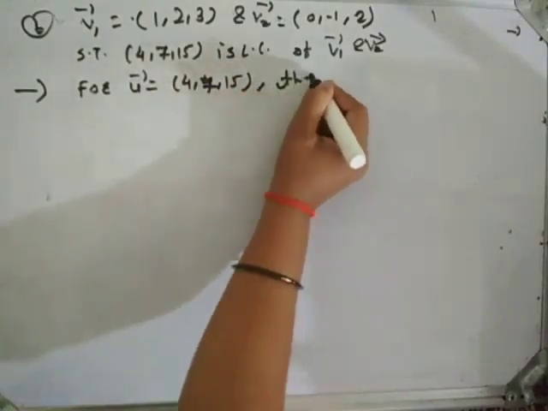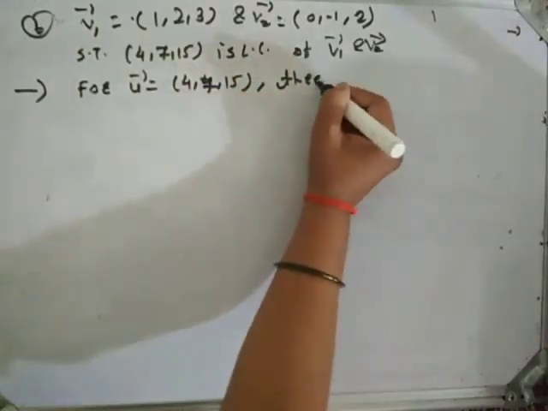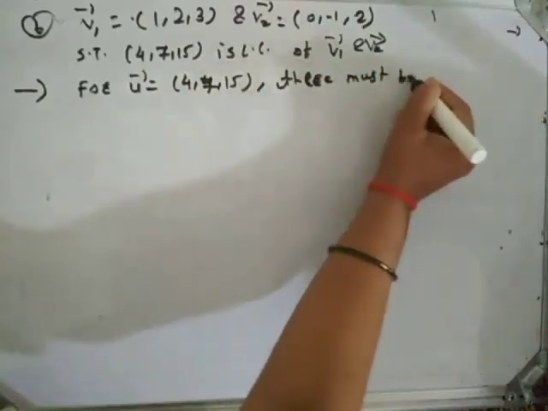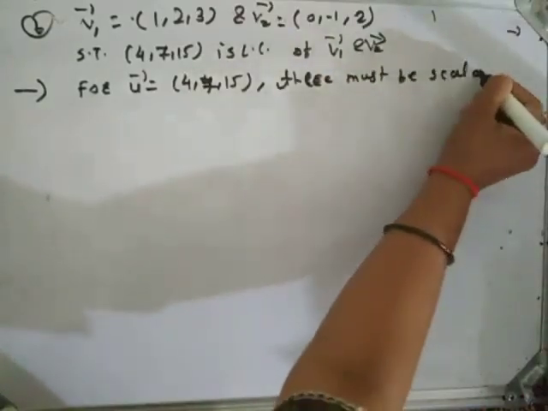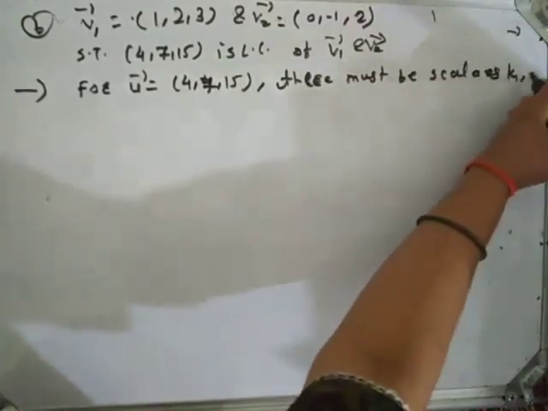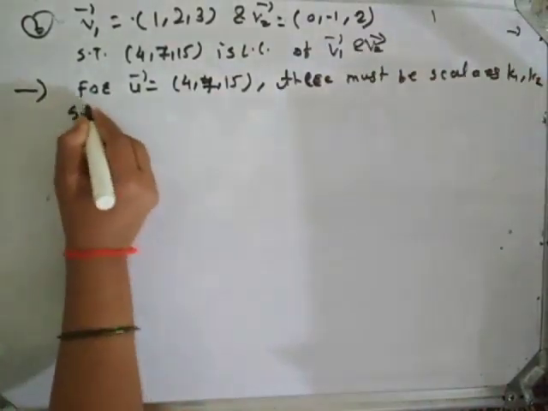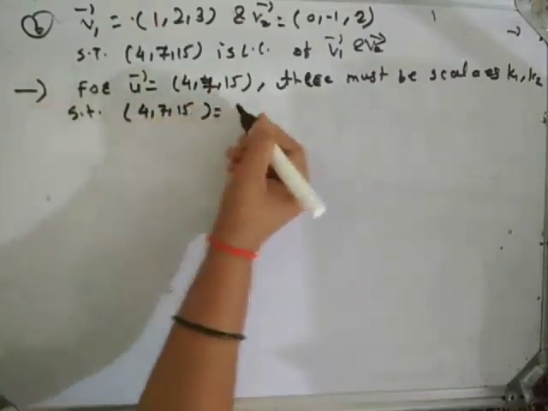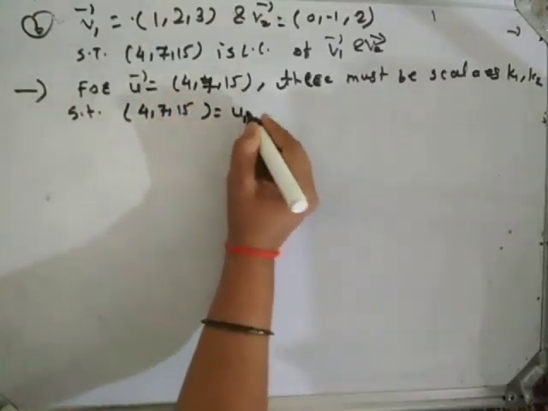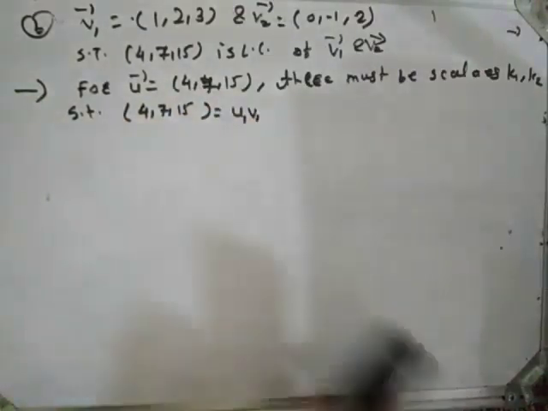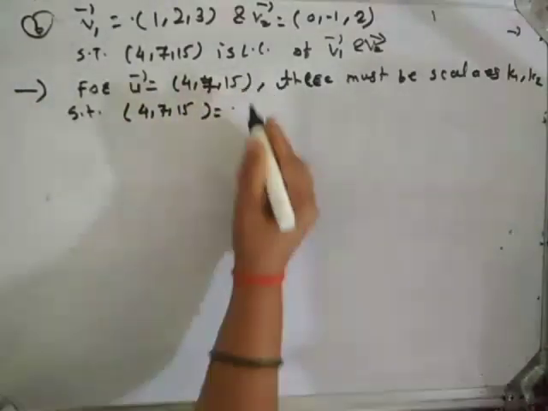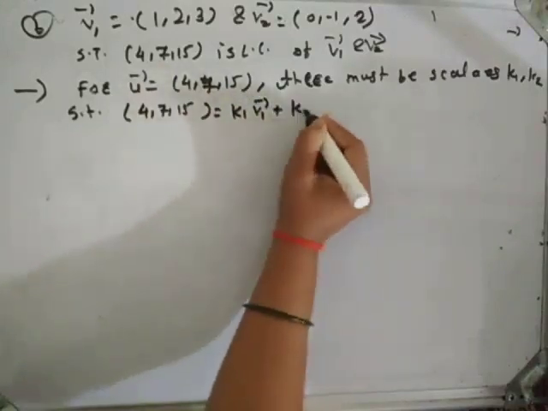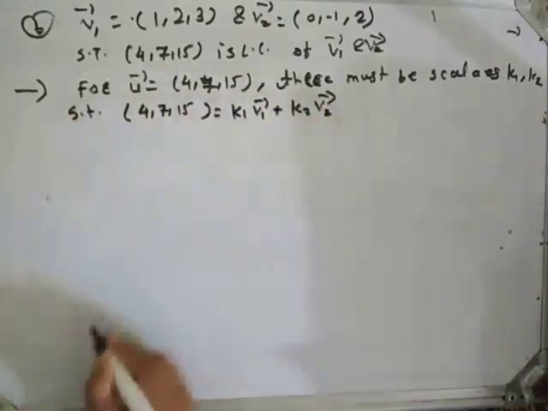There must be scalars k1, k2 such that the vector (4, 7, 15) is equal to k1 into v1 bar plus k2 into v2 bar.